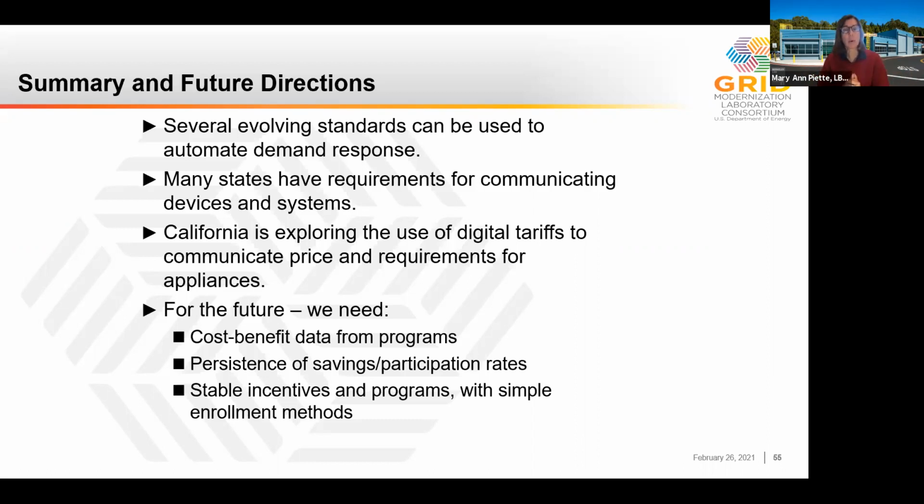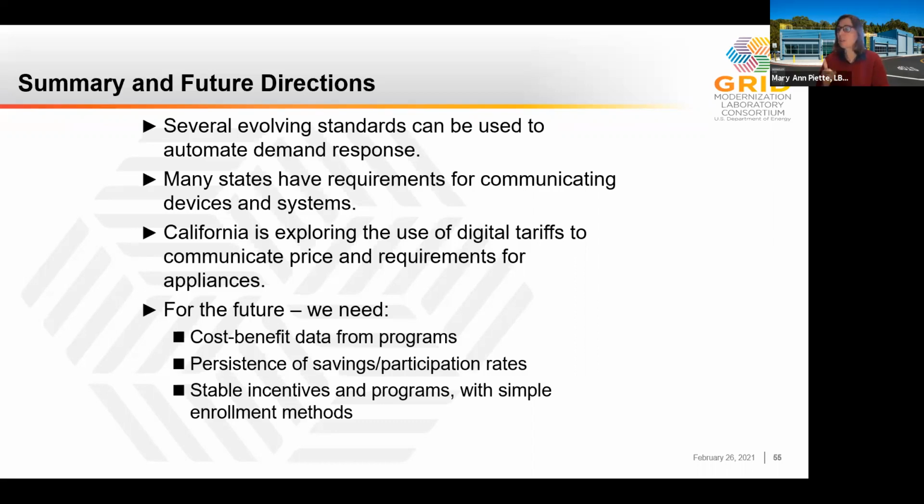And that's a real important issue in the cost-benefit analysis, is how many years does this communicating device communicate? And are the programs stable enough that people will invest in the infrastructure? So we've seen a lot of change in the way the programs are structured, and that makes it confusing to customers. So we need simple enrollment methods.